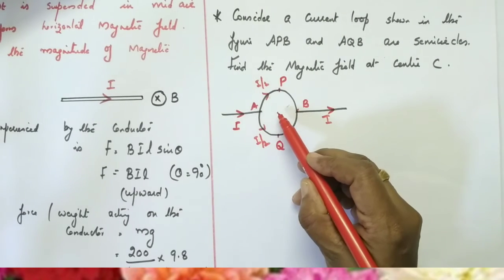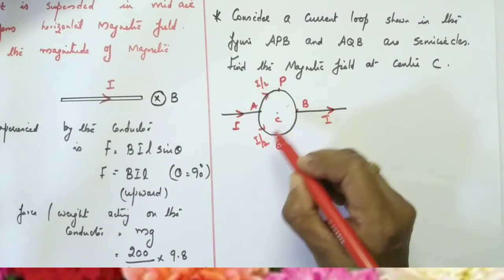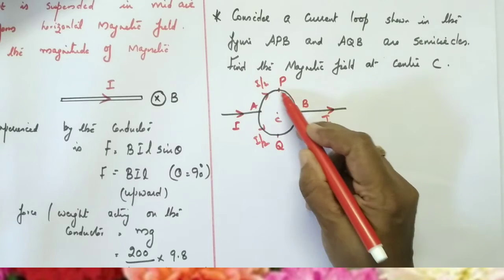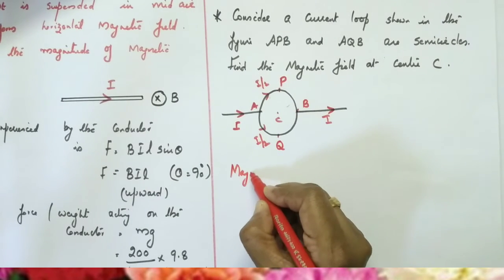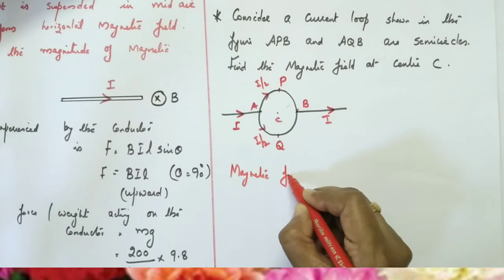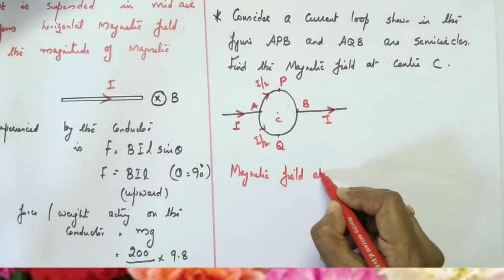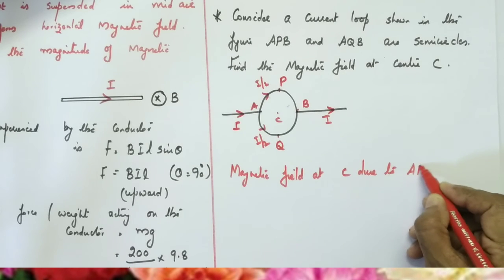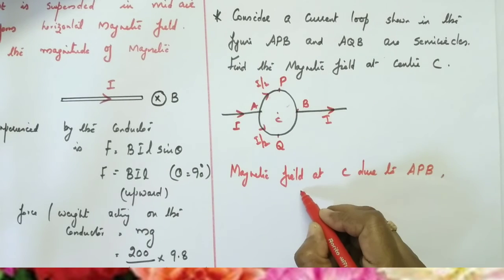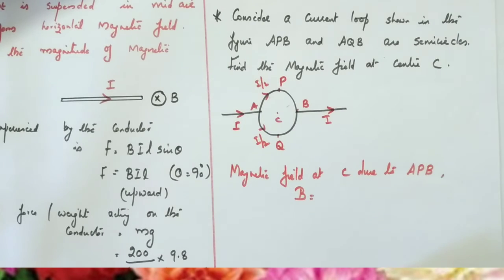So what is the magnetic field at the center C due to the semicircle APB? We know the magnetic field at the center of a circular loop is mu 0 I divided by 2R.